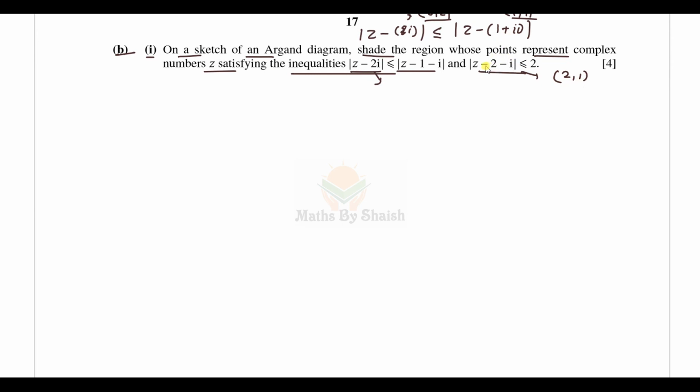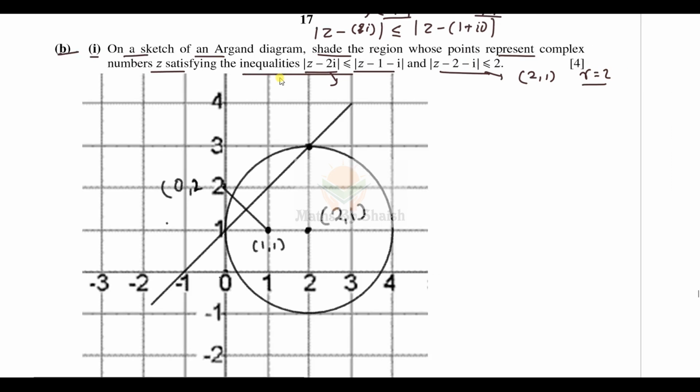So let me draw it. Here I have drawn it. This is the Argand diagram. This is the real axis, and this is the imaginary axis. So I mark the point 0, 2 here, and 1, 1, and this is a perpendicular.